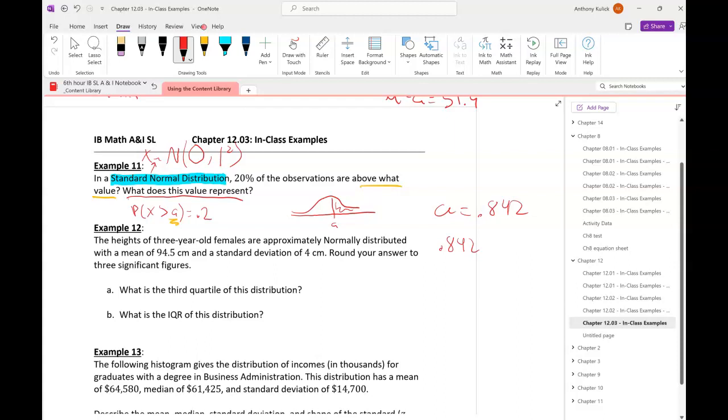That is the definition of, it's from first semester, starts with a P. It's a percentile. So this is the 80th percentile. That's what you would say. So the score of 0.842 is the 80th percentile.